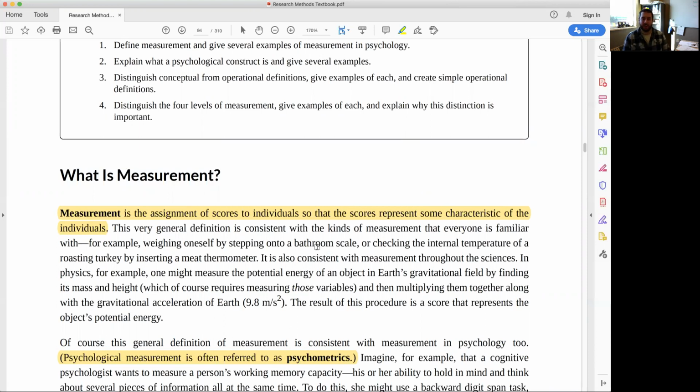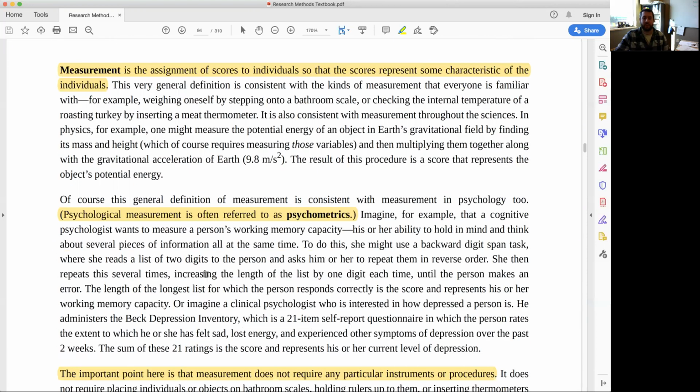It does mention, which I appreciate, that we have a special term typically used when we speak of psychological measurements, and that is psychometrics. So psychometrics is a term that I will be using throughout this whole thing, because again, measurement can be a very broad thing, and your textbook does a good job of highlighting all the different ways that we can look at a measurement.